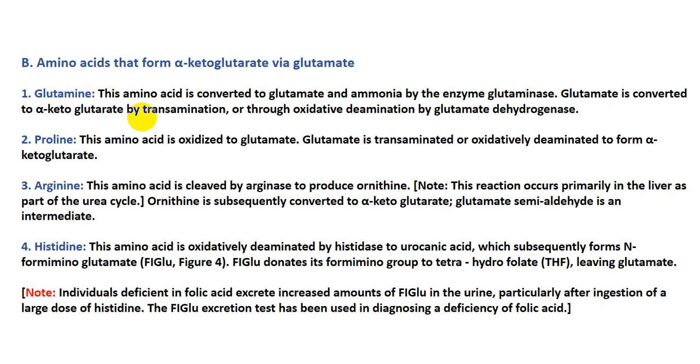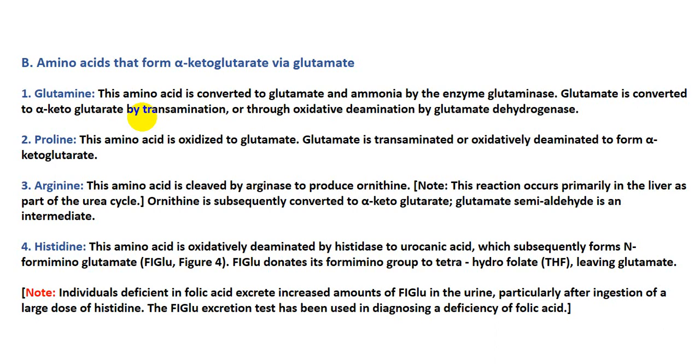Glutamine is a glucogenic and non-essential amino acid. Then glutamate is converted to alpha-ketoglutarate by oxidative deamination in the presence of glutamate dehydrogenase enzyme, or converted to alpha-ketoglutarate by a transamination reaction.